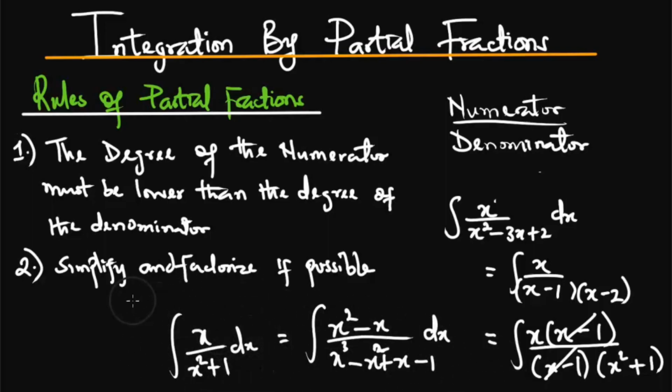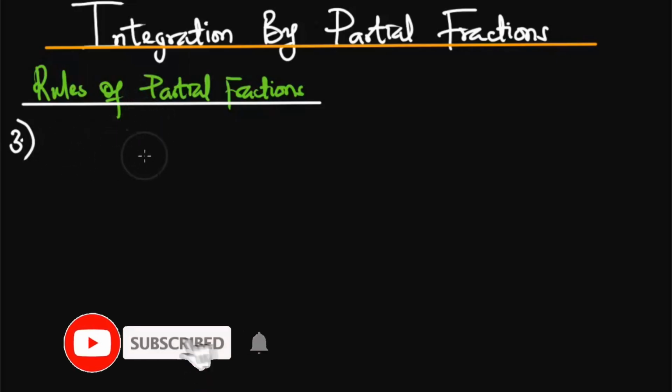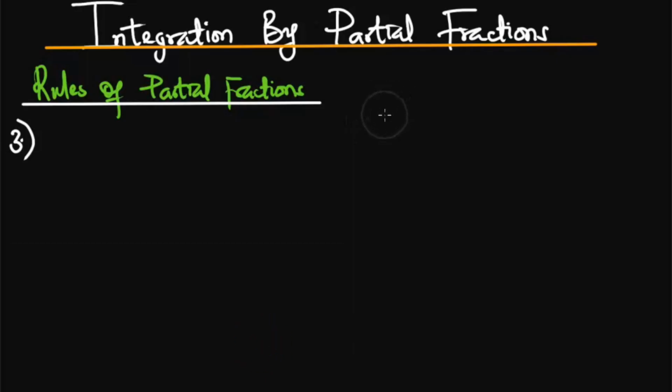Now let's move on to the third rule. We're still going to get into solving problems, but these rules are just to lay a foundation when solving partial fractions. Now the next set of rules will show us how we express our partial fractions. And these expressions are based on the factors of the denominator.